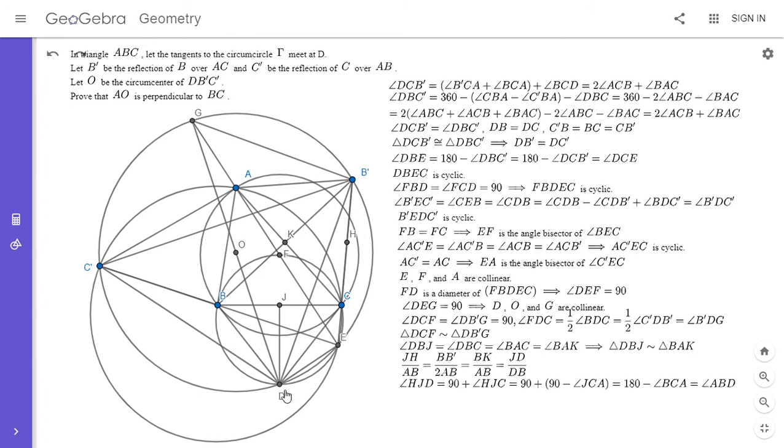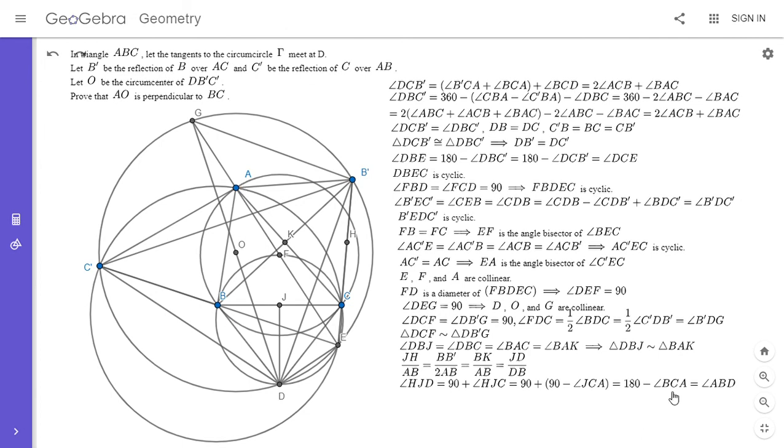And because BD is tangent to the circle, that has to be the same as angle ABD, because 180 minus angle BCA would be the same as an angle that intercepts side AB, but on the other side of the circle. So since BD is tangent to the circle, let's say G was some point on this arc right here.